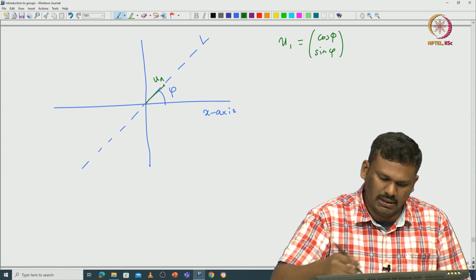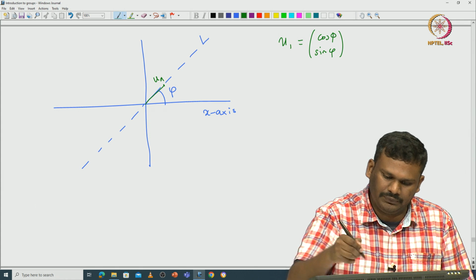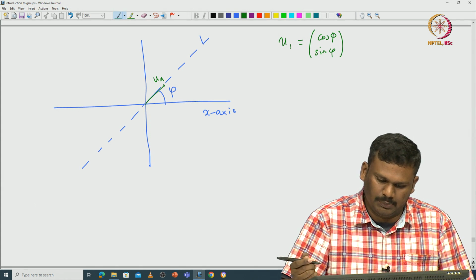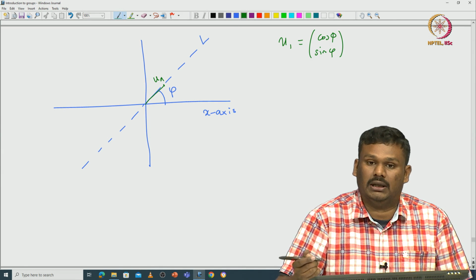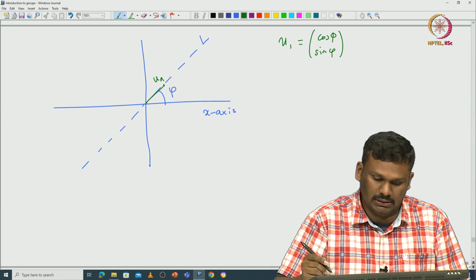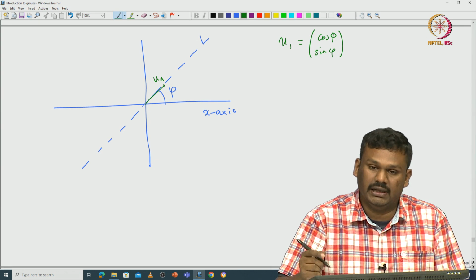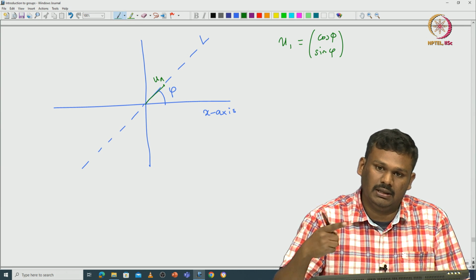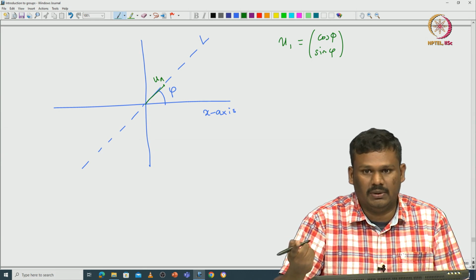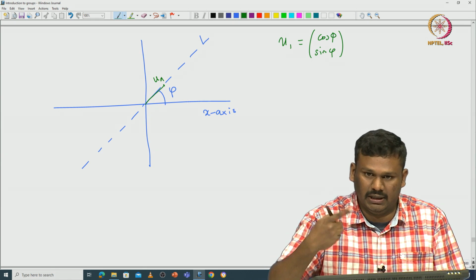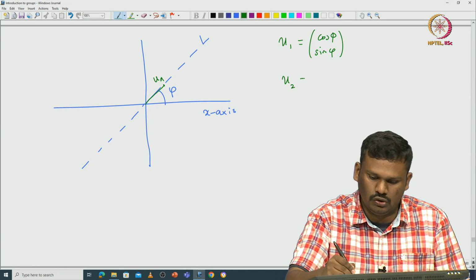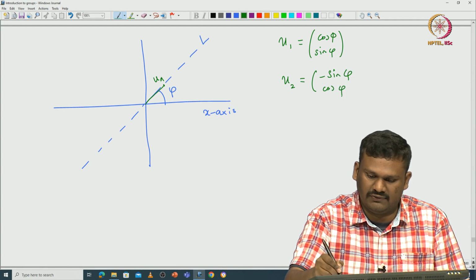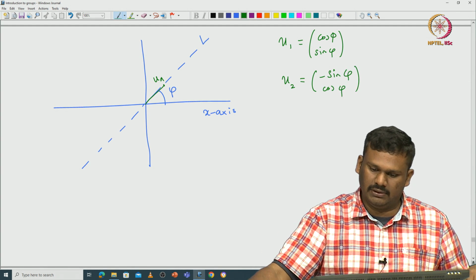Like I said, you look at this unit circle that passes through u1. If you take the line perpendicular to u1, it will intersect that circle at exactly 2 points, but we need to choose the point that gives determinant -1. That we know already. So, you choose this u2, which is minus sine phi and cos phi. That is the point that we choose.